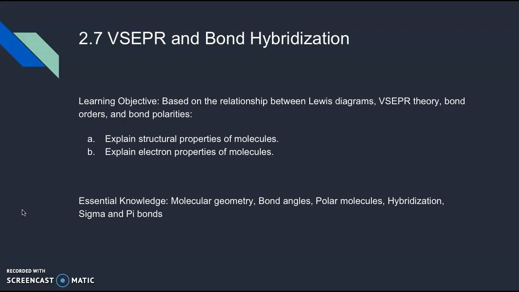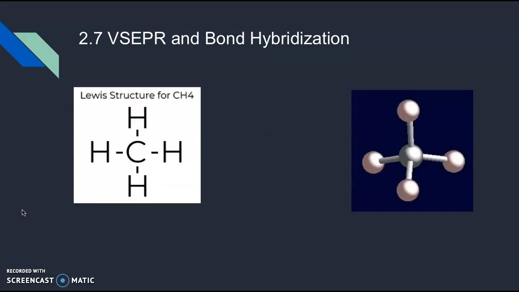Now, when we covered this in class, there were several different shapes for molecular geometry. You only need to focus on the ones that are covered in this review. So the first one, CH4, this structure is called the tetrahedral.